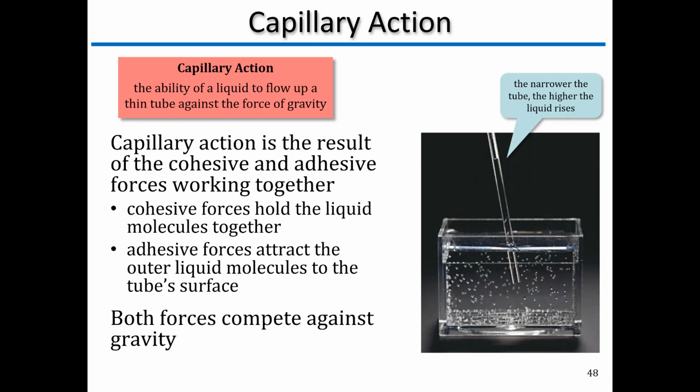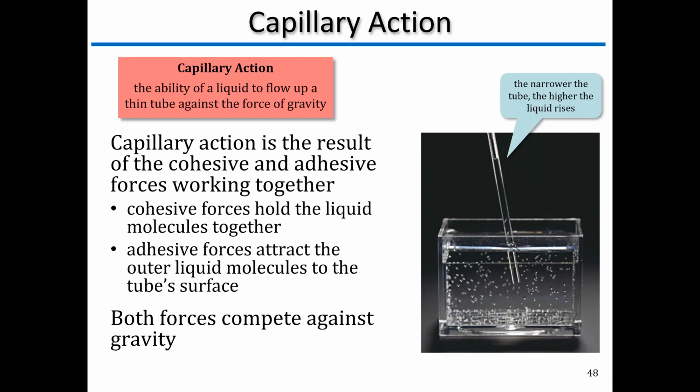Cohesive forces hold the liquid molecules together, and the adhesive forces attract the liquid molecules to the tube's surface. So it clings to the surface and pulls it up, clings to the surface and pulls it up. Those two working together actually cause the liquid to climb. This is like if you've ever dipped your straw into your drink and put your finger over it, you'll notice that the liquid is still stuck inside.